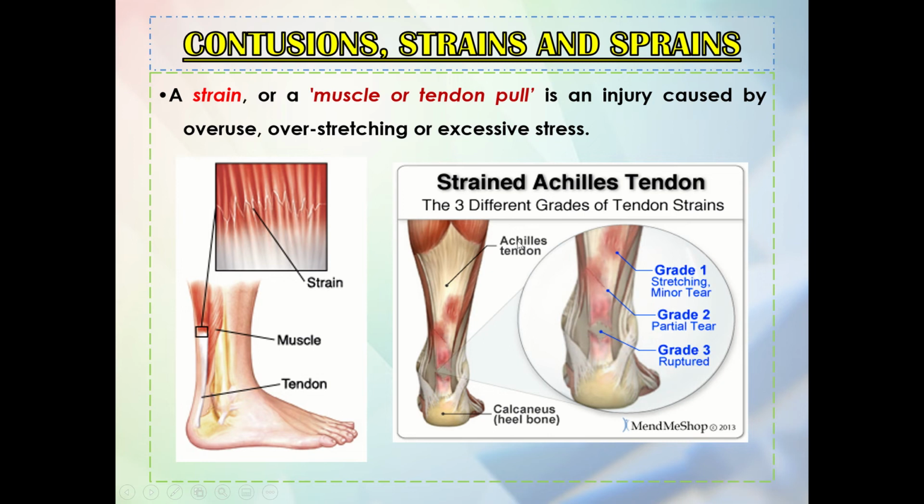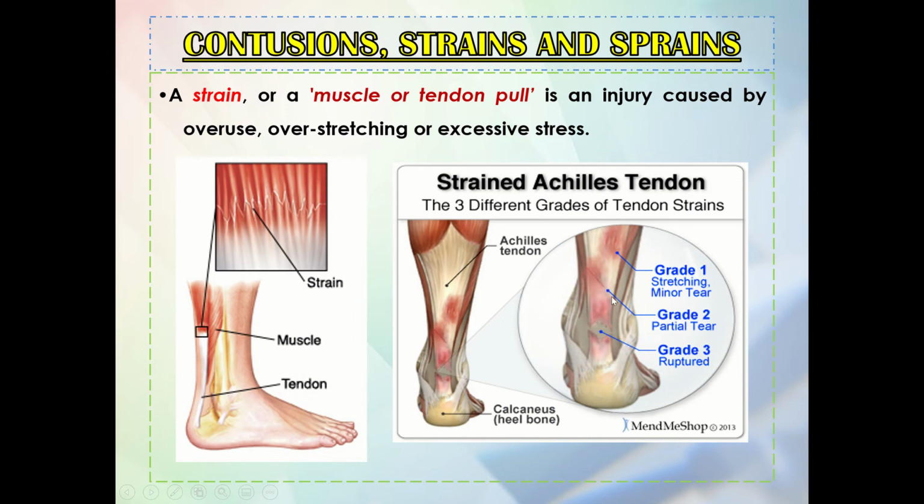And there are three different grades of tendon strains. So commonly, meron tayong grade 1, 2, and 3 for strained tendon. So for grade 1, there is a stretching and then there's a minor tear sa tendon. Grade 2, there is a partial tear.